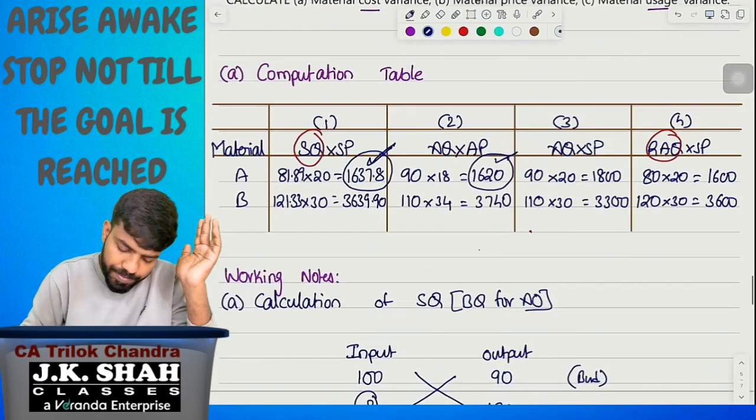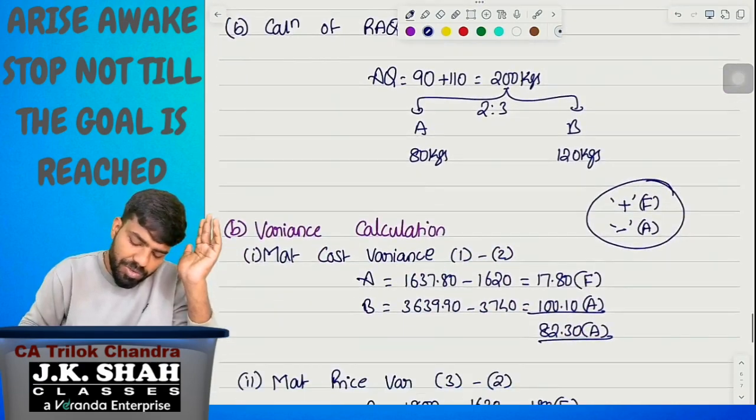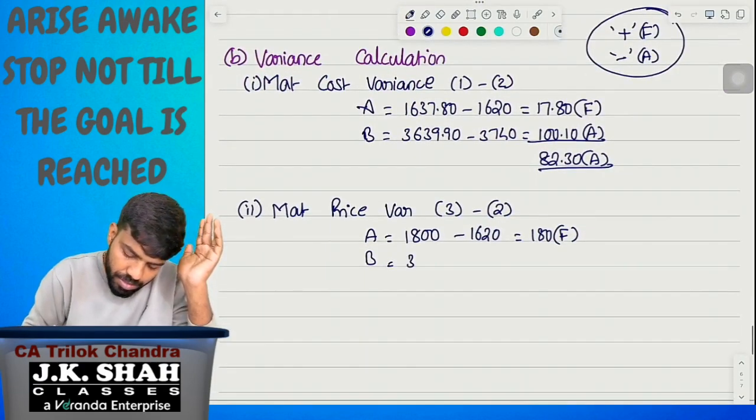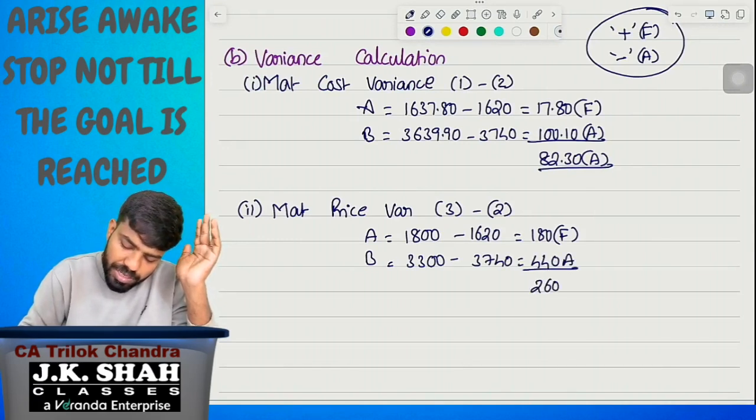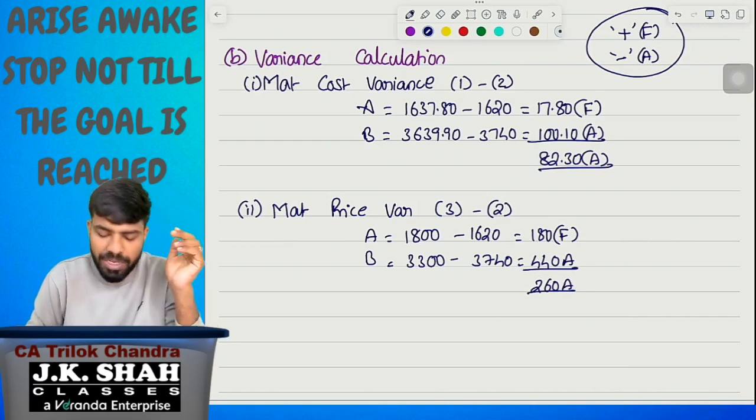B, 3300 minus 3740, which equals 440 adverse. The net amount is 260 adverse.